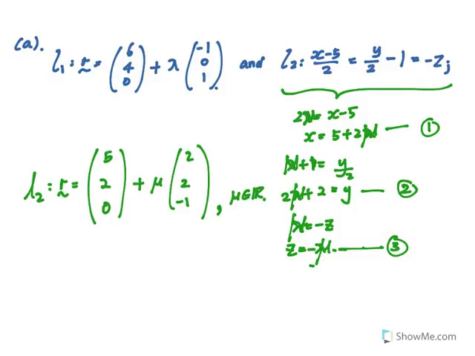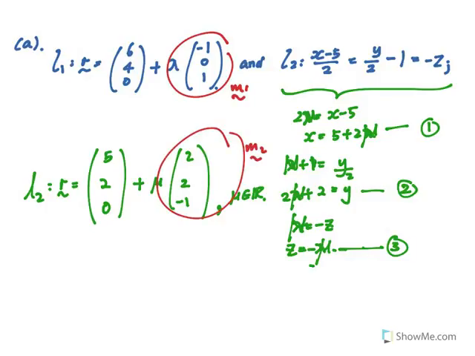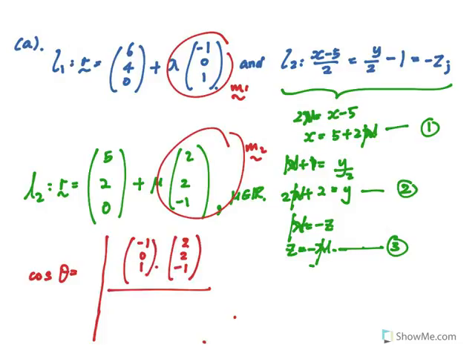Then for line 2, we recognize this is our M1 and this is our M2. Very quickly, cos theta equals the dot product of negative 1, 0, 1 with 2, 2, negative 1, over square root 2 times square root 9.